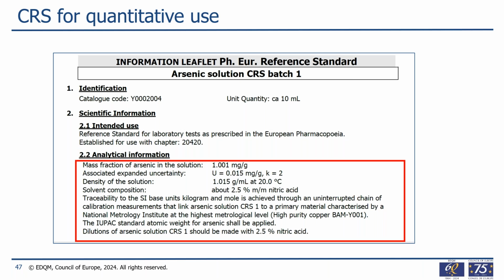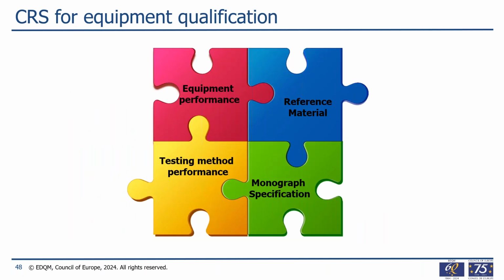No reference procedure is described in the general chapter, nor in the leaflet of the reference standard, and this means that the CRS can be used in principle in any procedure. It's important to note that the acceptance criterion is set by the user depending on the intended use of the method, and this is something that I will further elaborate in the coming slides.